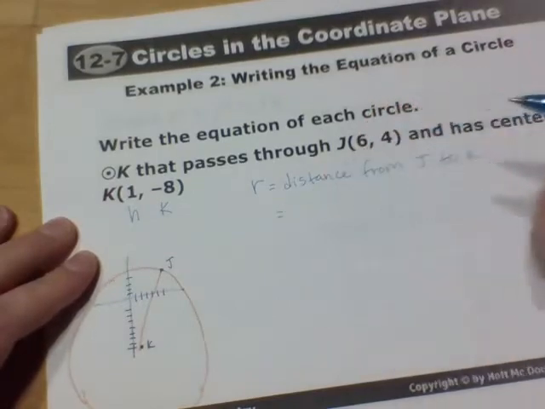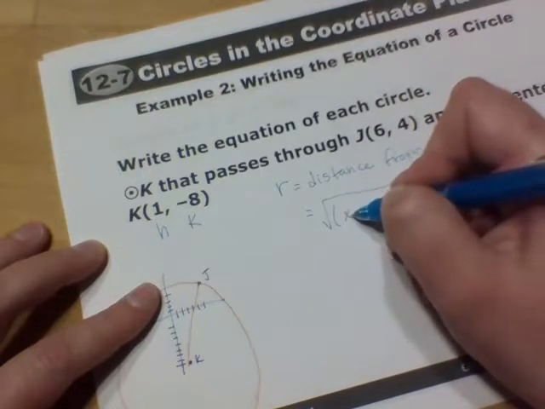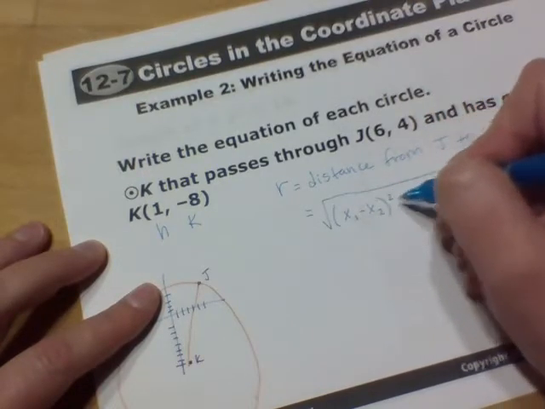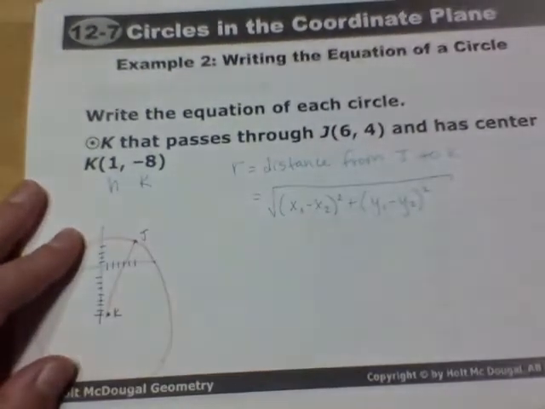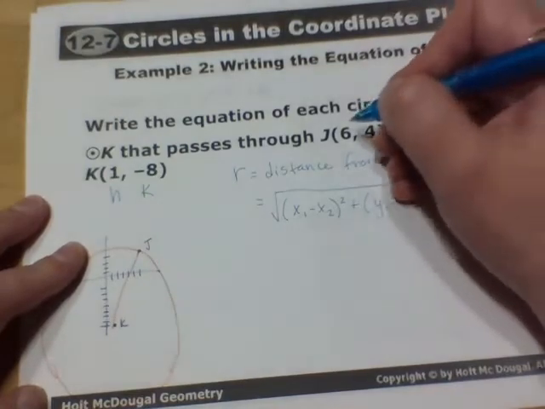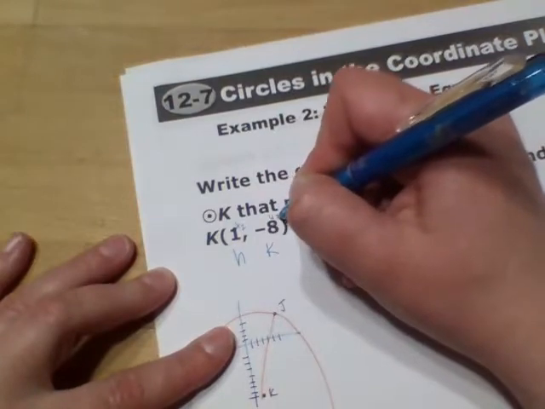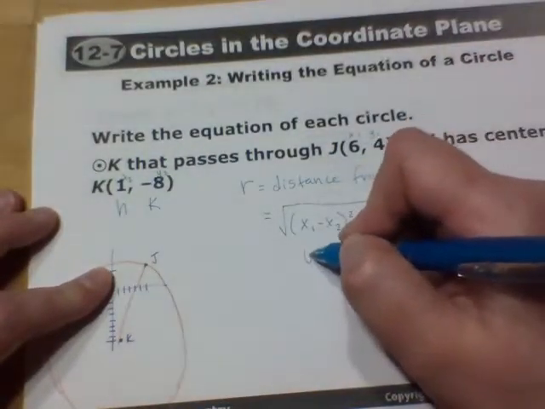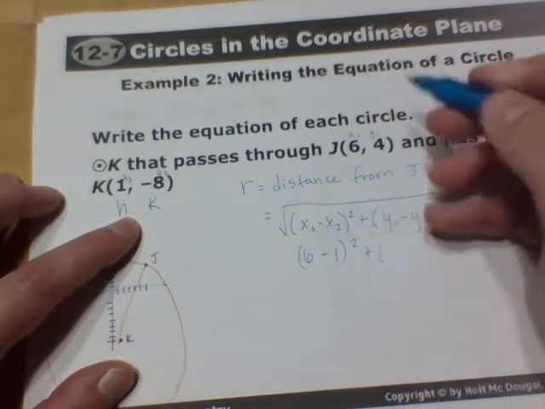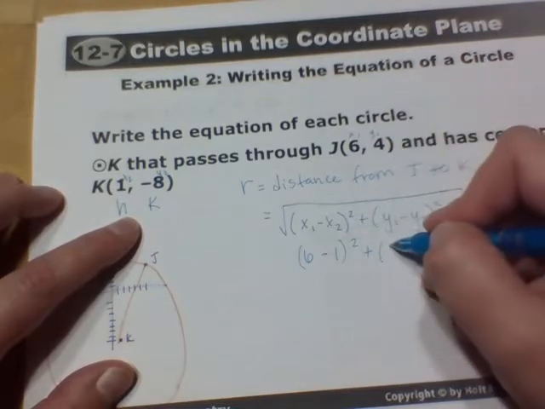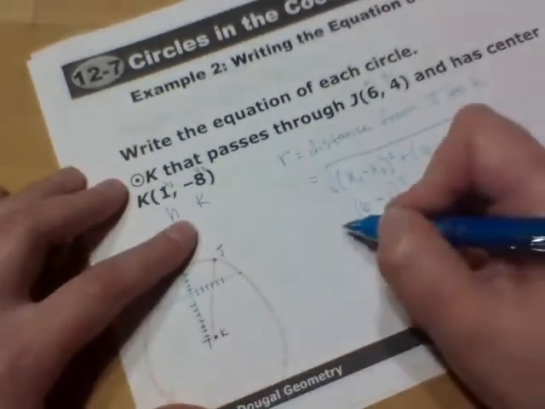So r is going to be the distance formula, and perhaps you remember the distance formula is x1 minus x2 squared plus y1 minus y2 squared, and then all of that square rooted. So we'll call this x1 and y1, and this x2 and y2 for now. And so x1 is 6, and then we'll subtract 1, which is x2. And then we'll add that to y1, which is 4, minus y2, which is minus a negative 8, so plus an 8.